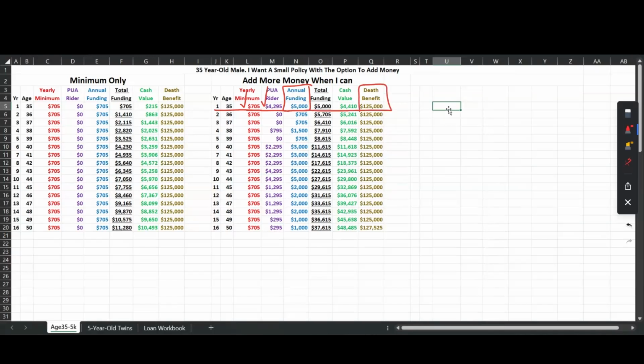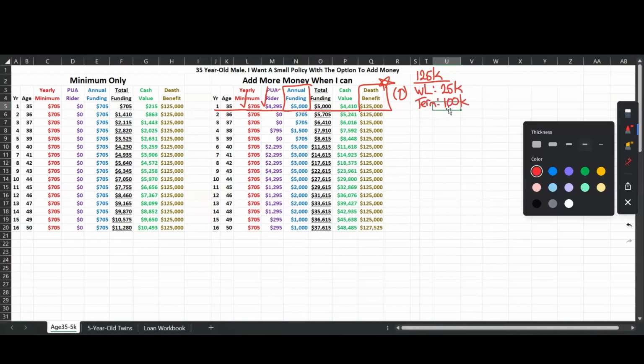Well, here it's set up where the death benefit is still $125K. Now, we did mention that when you add PUAs, it increases your death benefit. That is happening. It's hard to see in the illustration because that $125K is made up of a whole life policy, which is about $25K to start, then a term rider, which is about $100K to start.